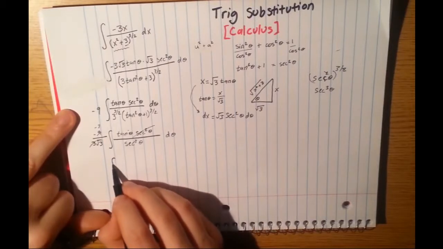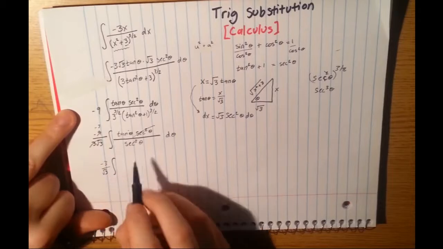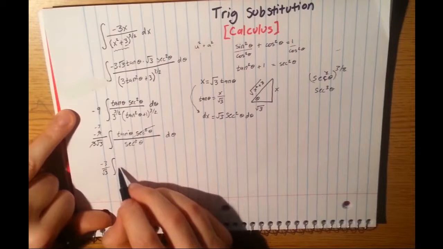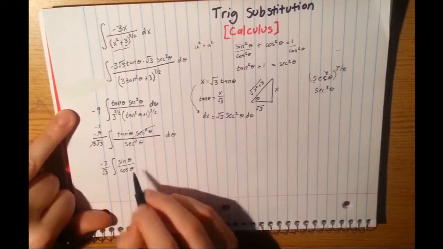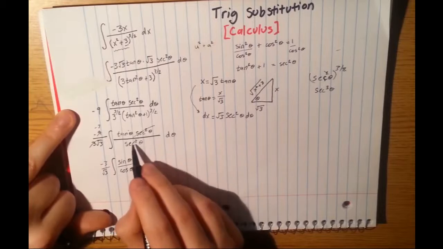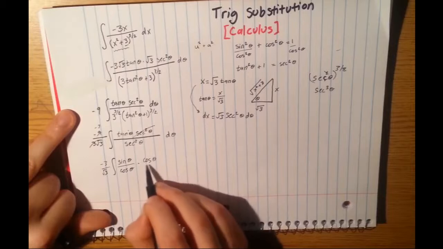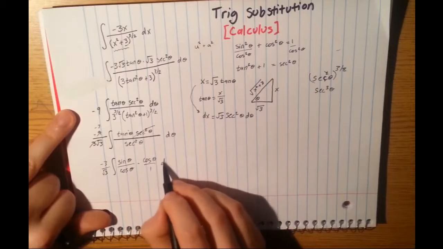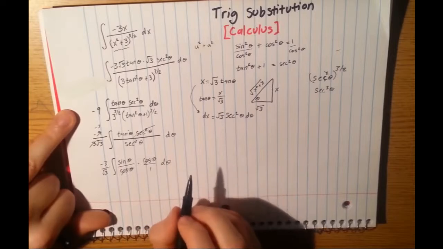So let's keep going with this. -3 over root 3. I get tan theta over secant theta. So I'm going to write that as sine over cosine. And then divided by secant, that's the same thing as multiplying by cosine. Cosine theta over 1, d theta. Those end up canceling.